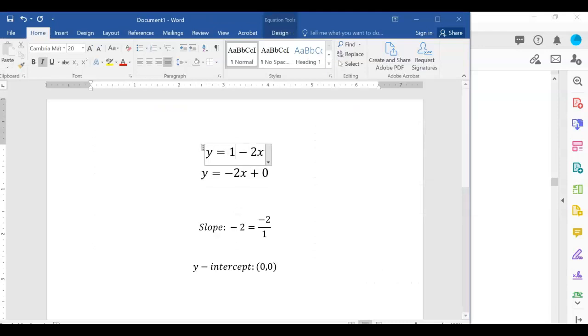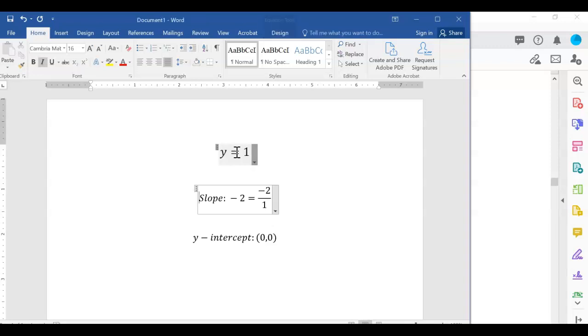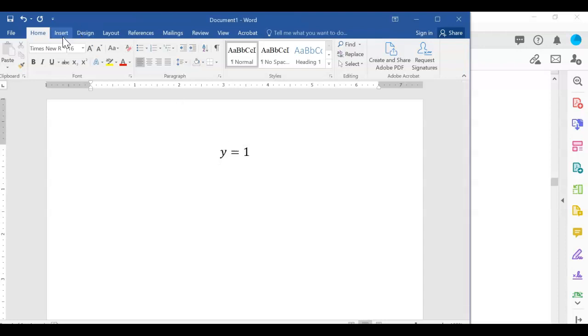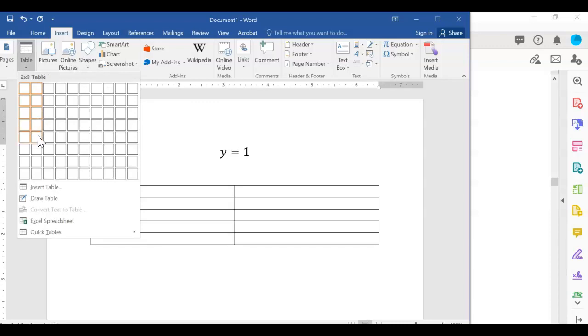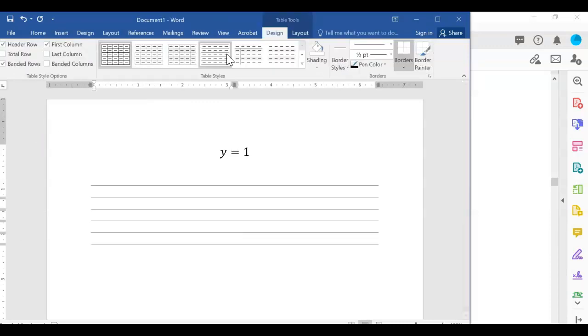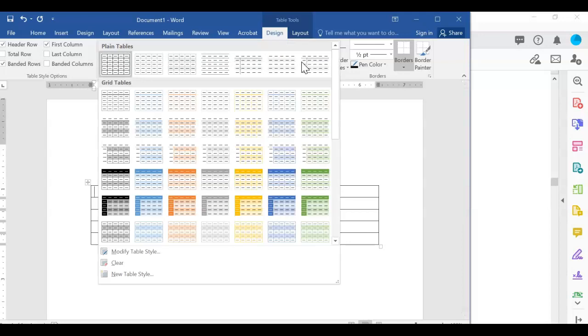let's just go to y equals 1. Now this one could be put into slope-intercept form, but it's not really worth it. What I like to do is say, well, what kind of points could exist here? So let's think of inserting a table just like we did before with x values and y values.